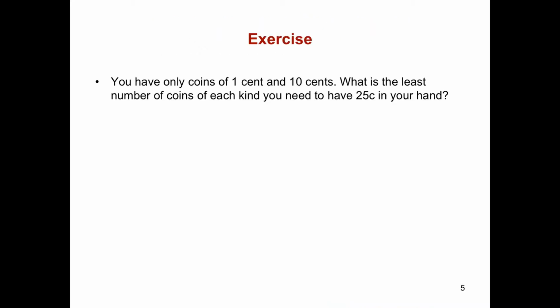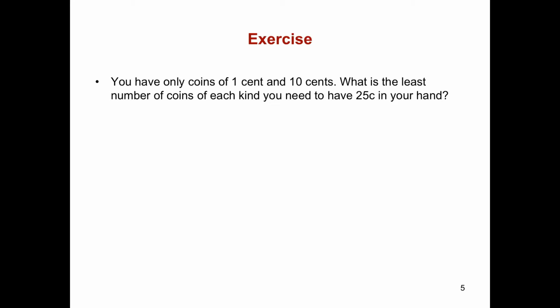So here's an exercise. If you have coins that have only 1 cent and 10 cents, what is the least number of coins to represent 25 cents? How many of each? 2 of 10 and then 5 of 1, right?